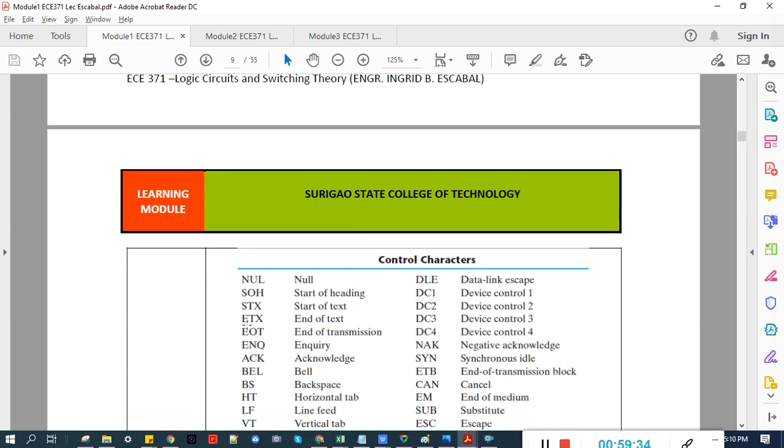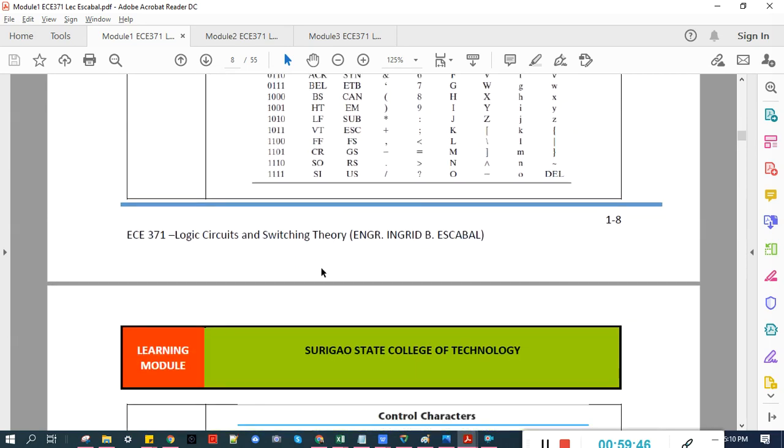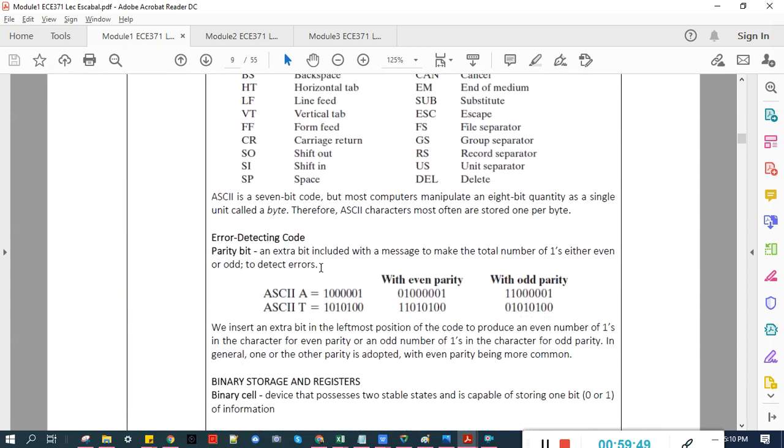For end of text, ETX, the ASCII code is 0000011. So ASCII is a 7-bit code, but most computers manipulate an 8-bit quantity as a single unit called a byte. Therefore, ASCII characters most often are stored one per byte. So 1 byte is enough to store one ASCII character.